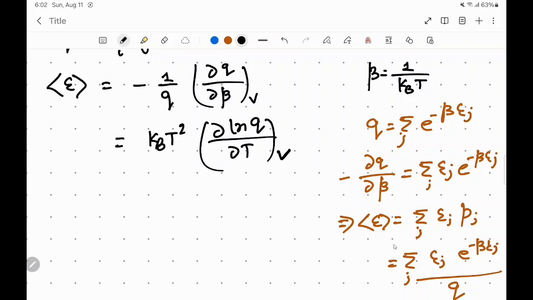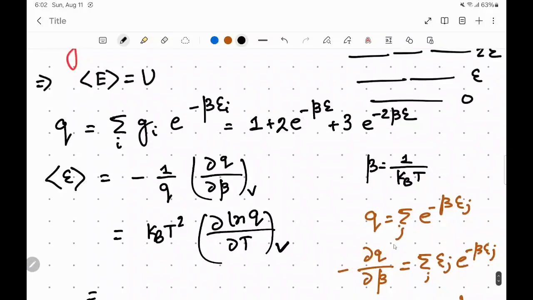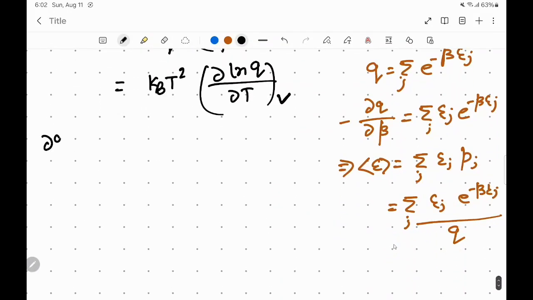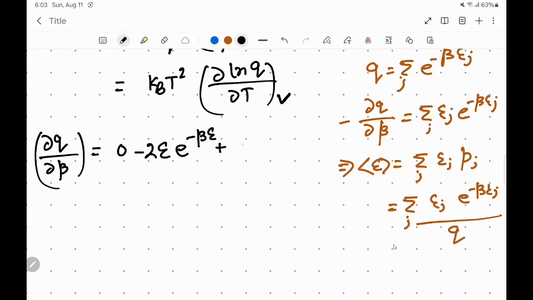Okay, so this is the capital E. Now from here, what will be del Q del beta? It will be 0 minus 2 epsilon e to the power minus beta epsilon, again minus 6 epsilon e to the power minus 2 beta epsilon.